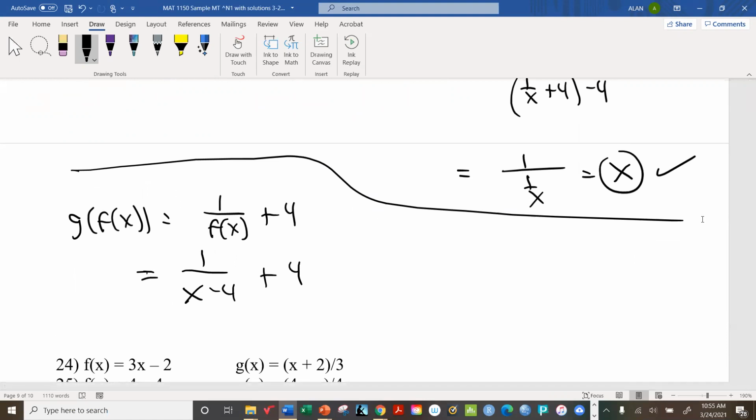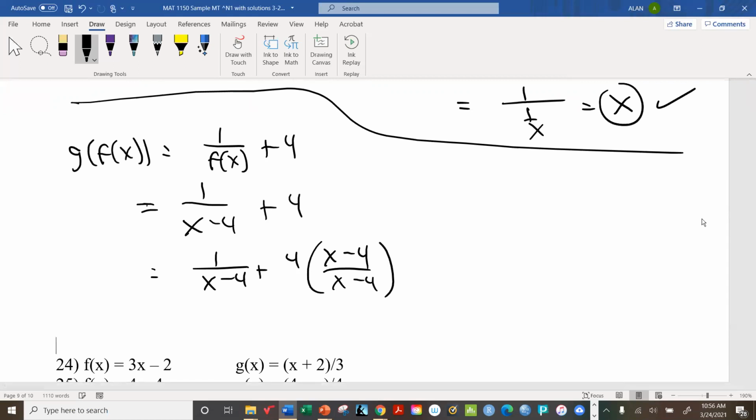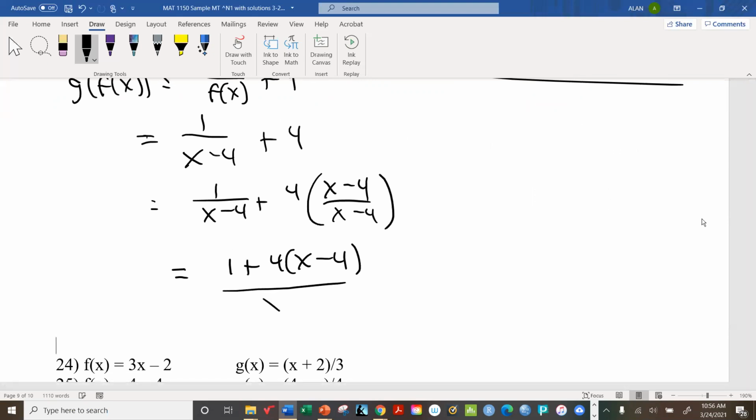Now this one is kind of awkward. How do we convert this one? Well, let's see. What we need is a common denominator, which we will typically choose to be the ratio of the messier function. So here's what we've got: 1 plus 4x minus 4 over x minus 4.